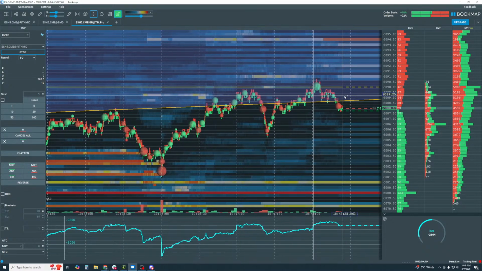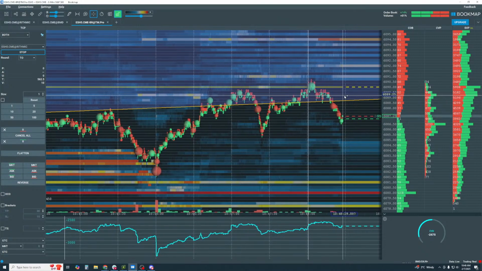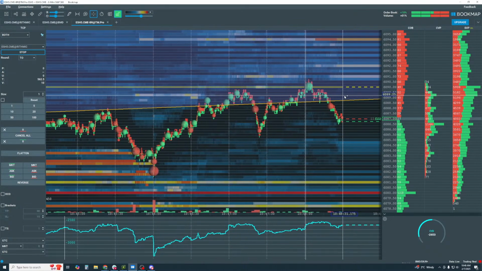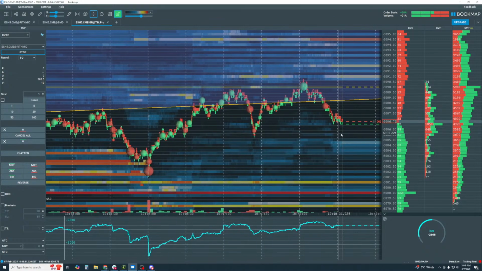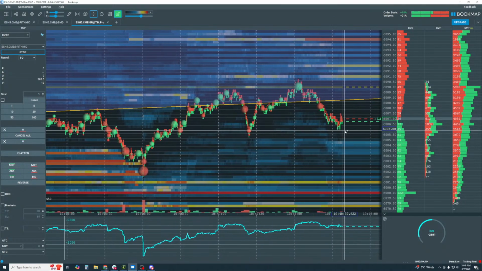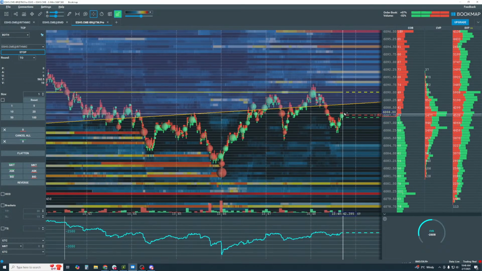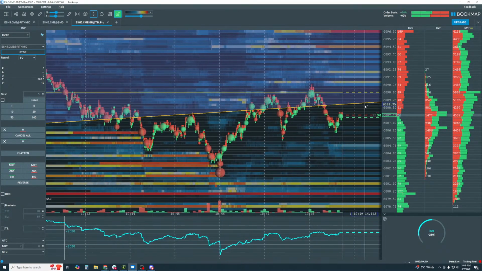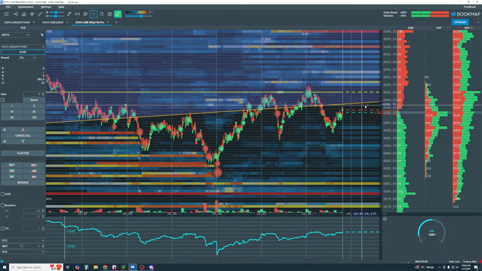Okay, so now why is the naked VPOC important? What is the concept behind it? Just because it's called the naked point of control, what's important about it? Why do people look at it?